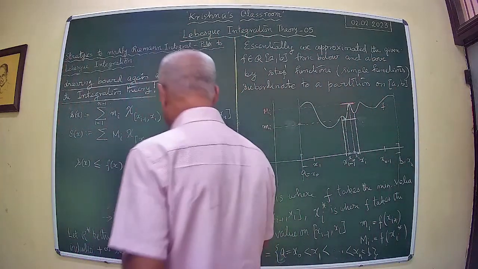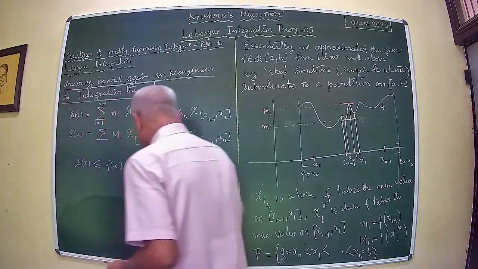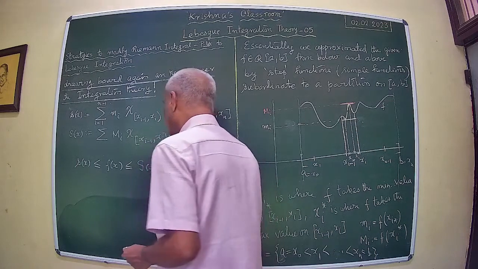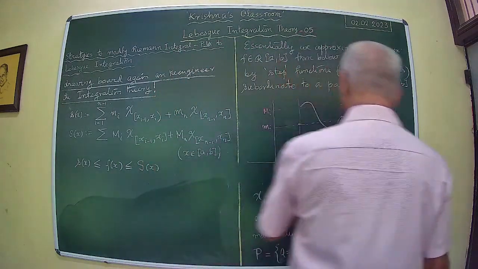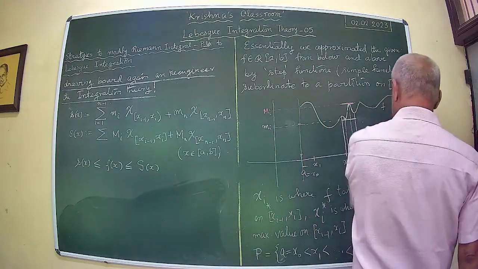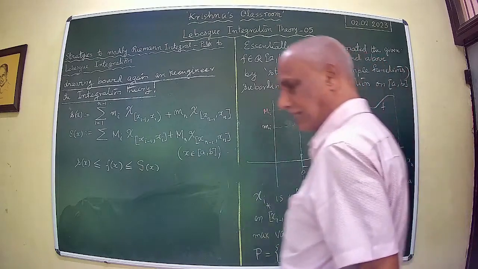Then of course you had what you call the area enclosed between small sx, the ordinates at x equal to a and x equal to b, and the x-axis.